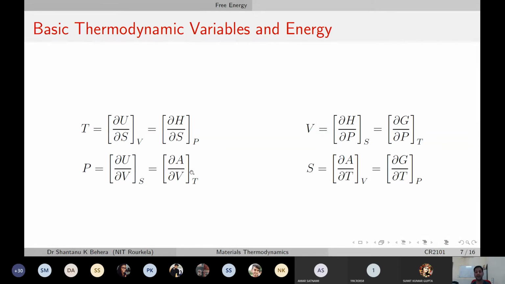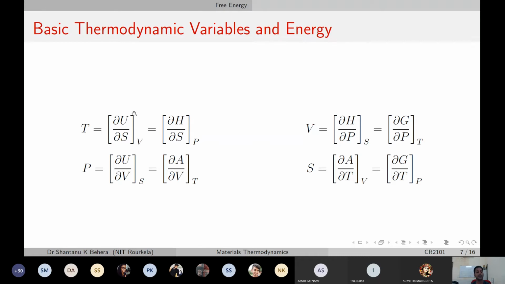So what we're trying to do with all of these expressions is find relationships of these basic thermodynamic variables with energy functions. So you know that internal energy is related to the S and V system.